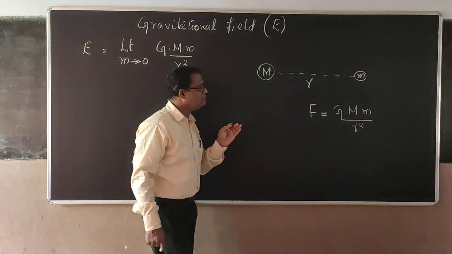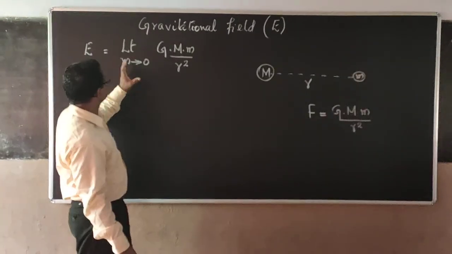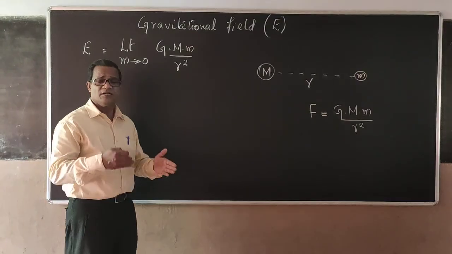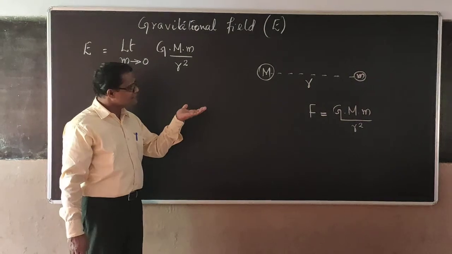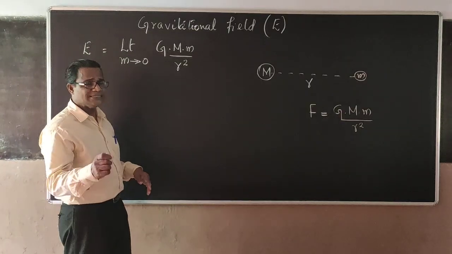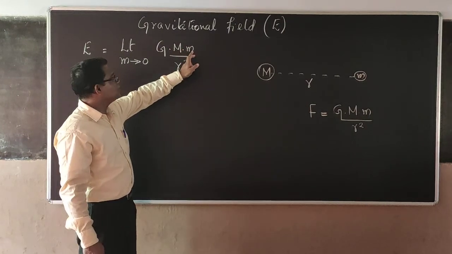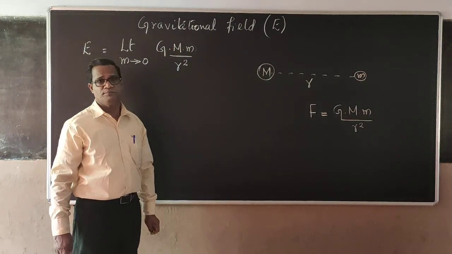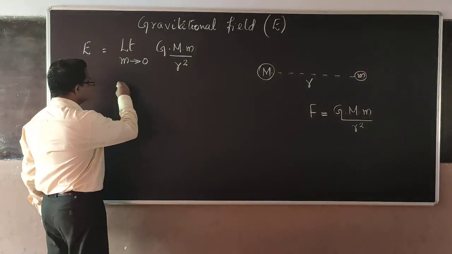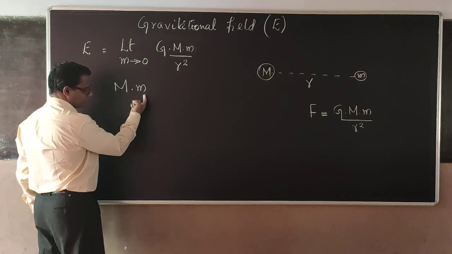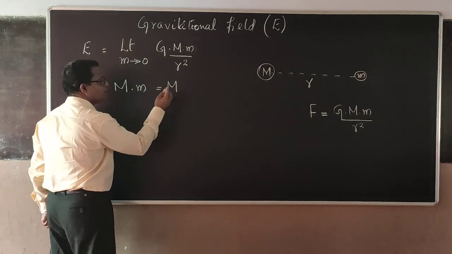Now, how can this be made exact? Because this is a variation with m tending to 0. Tending to 0 means you will be taking it in many different ways. Now, let us change that concept into what I said, that the influence of small m does not come on this capital M. Now we can take it mathematically: small m into capital M has to remain capital M only.